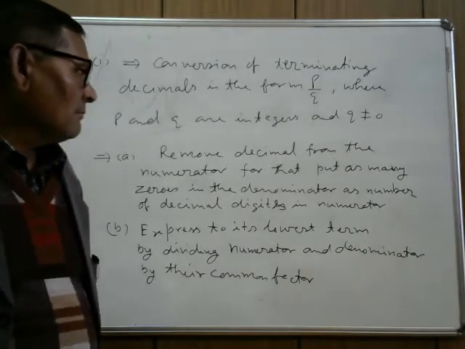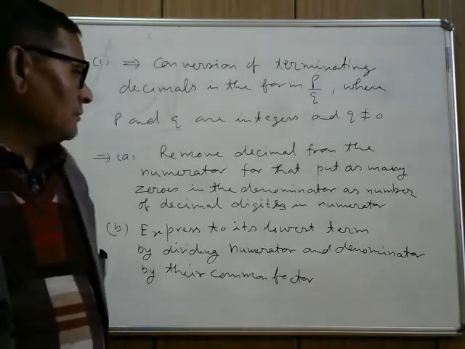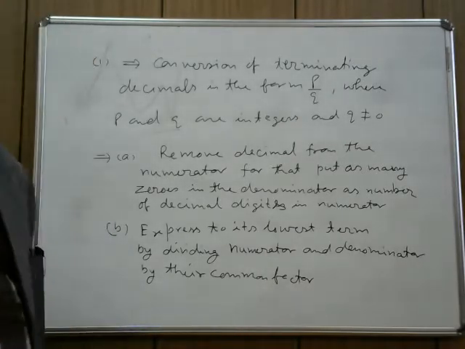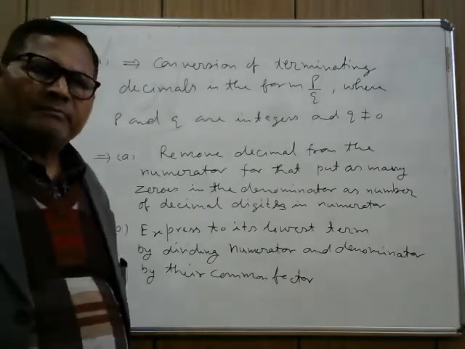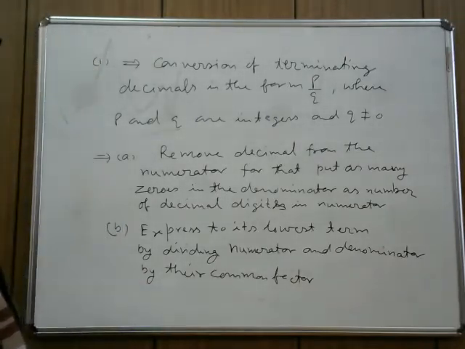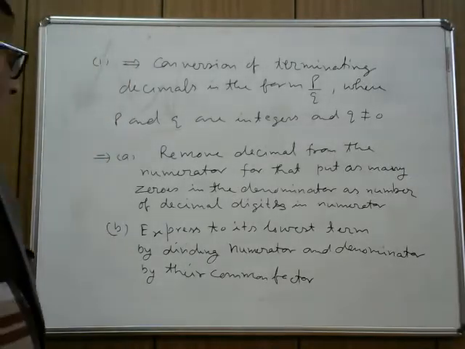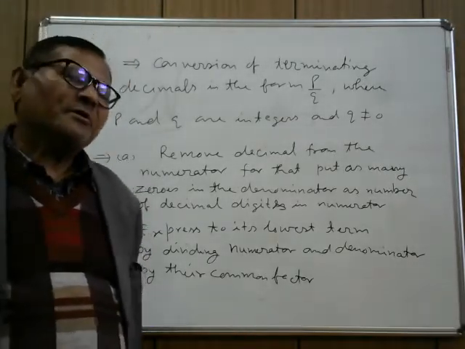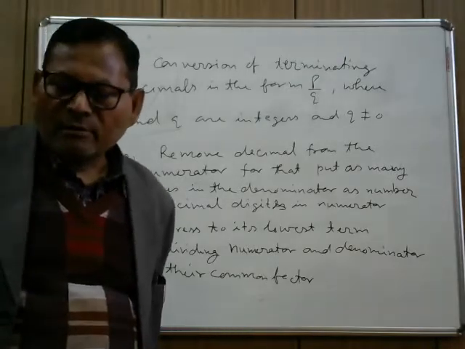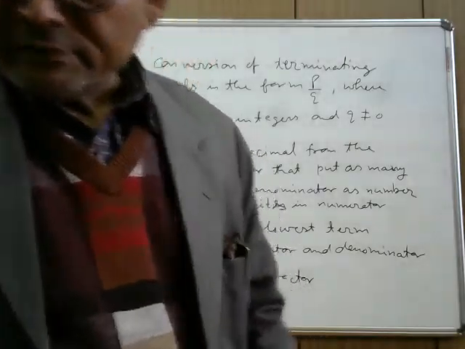For that, put as many zeros in the denominator as number of decimal digits in the numerator. After doing that, in second step, express to its lowest term by dividing the numerator and denominator by their common factor. Now see one example.